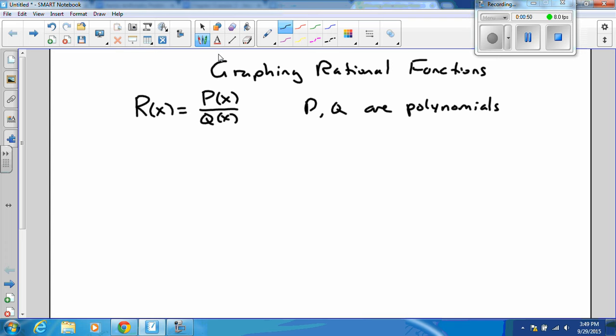And polynomials are particularly susceptible to factorization. In particular, what we're going to find is that, first of all, the zeros of the denominator, Q of x, are all going to be excluded values.